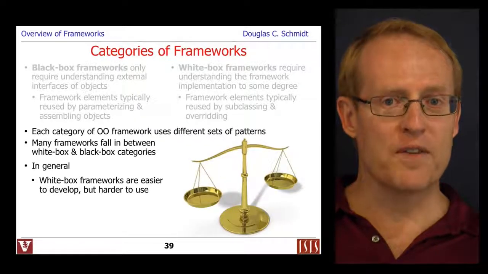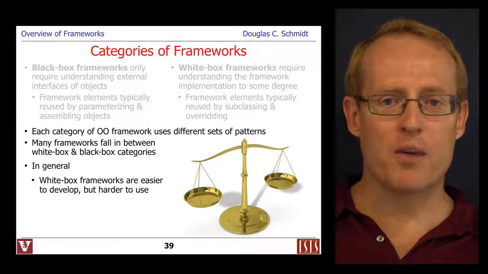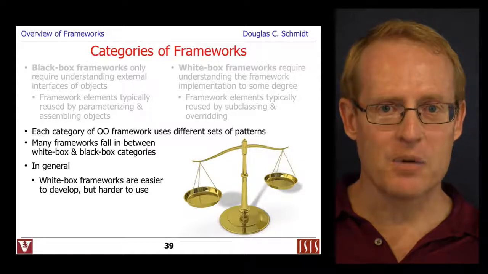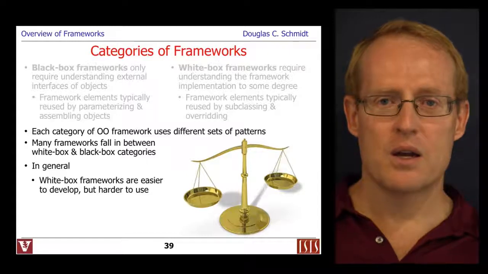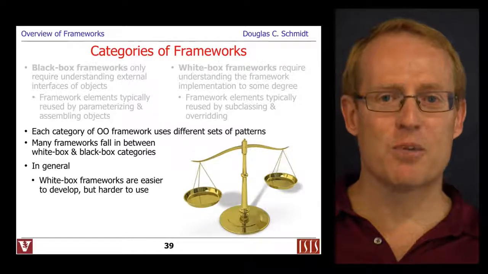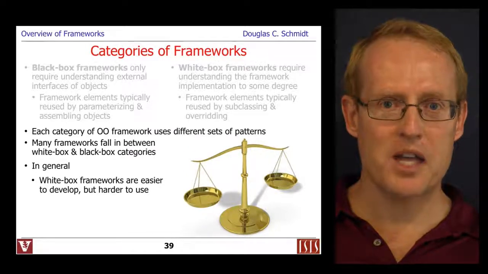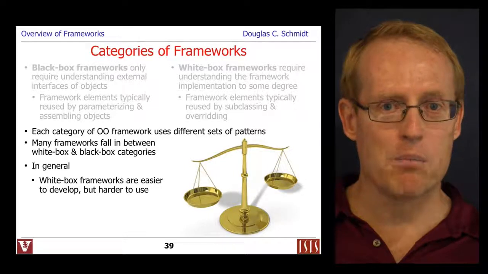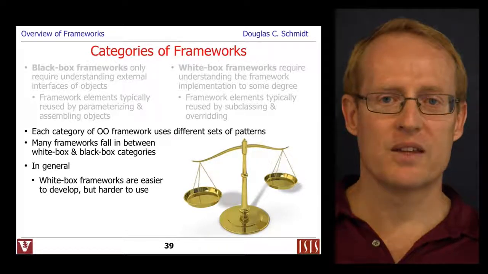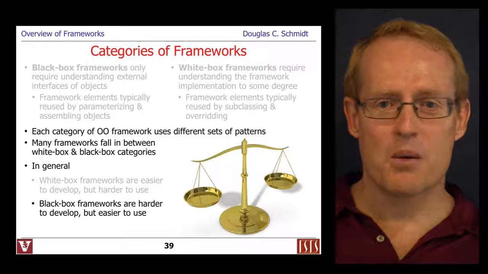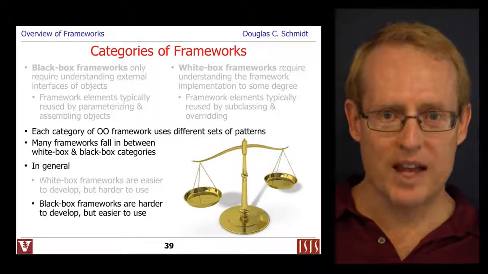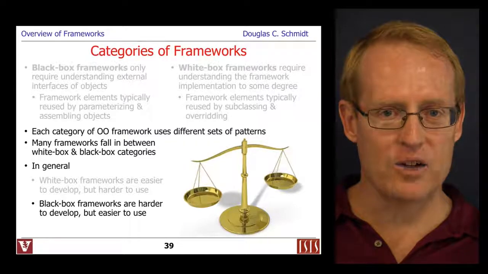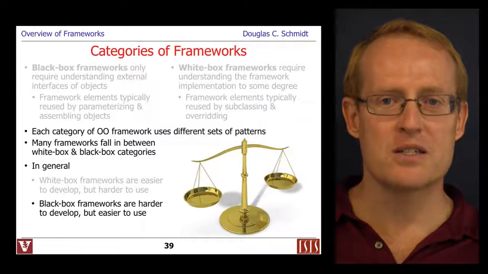As a general rule of thumb, white box frameworks are easier to develop because you don't have to anticipate as many of the different use cases. But as a result, they're also somewhat harder to use because you, the application developer, have to understand more of the implementation details. Conversely, black box frameworks are harder to build because you have to anticipate more of the canonical interactions and use cases and interfaces.